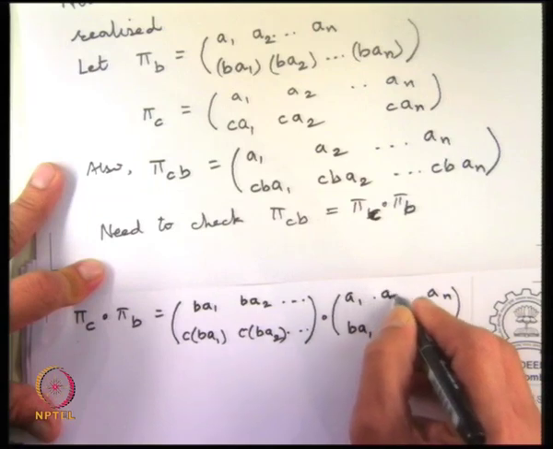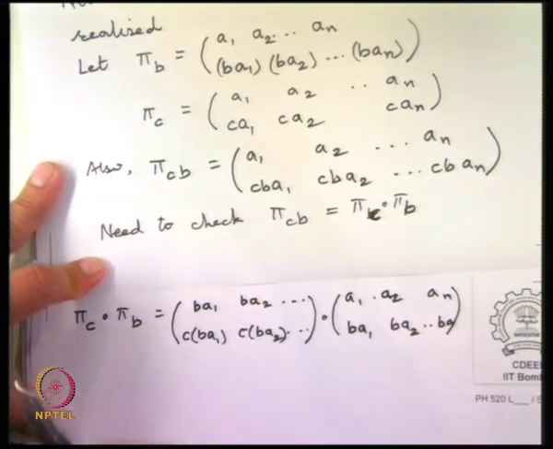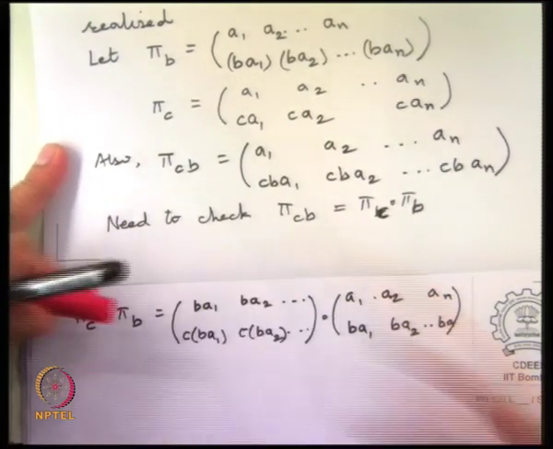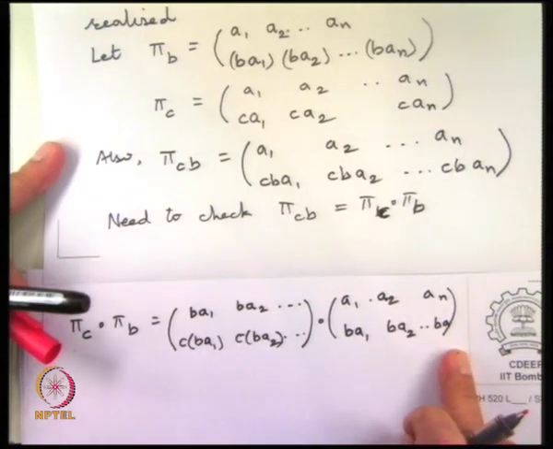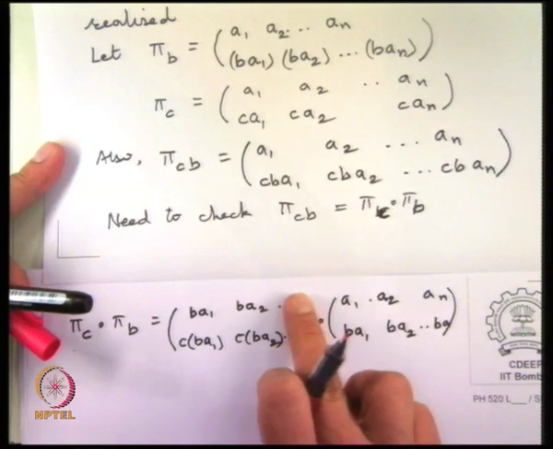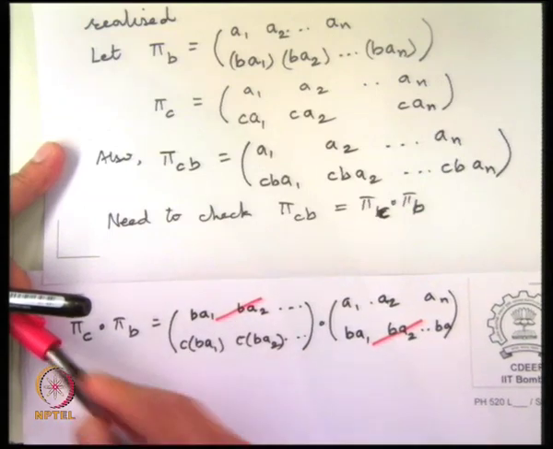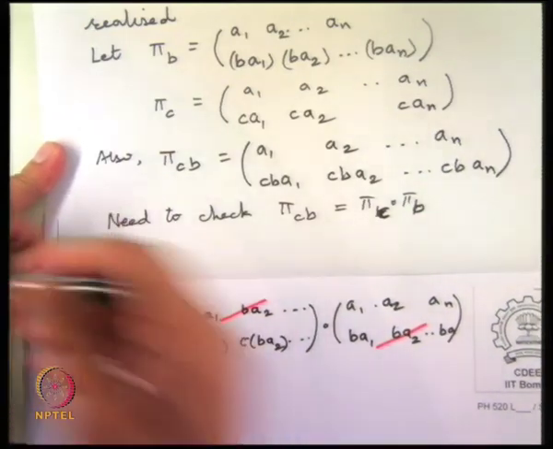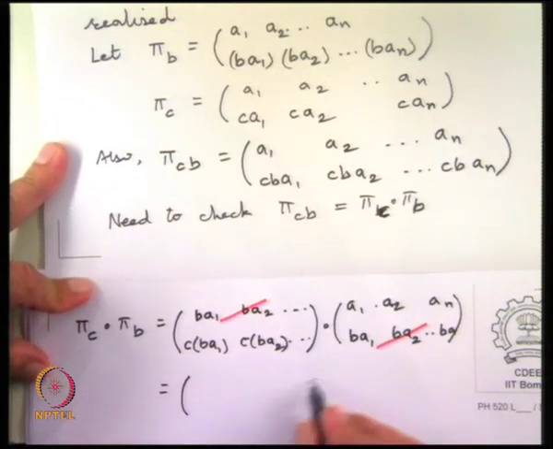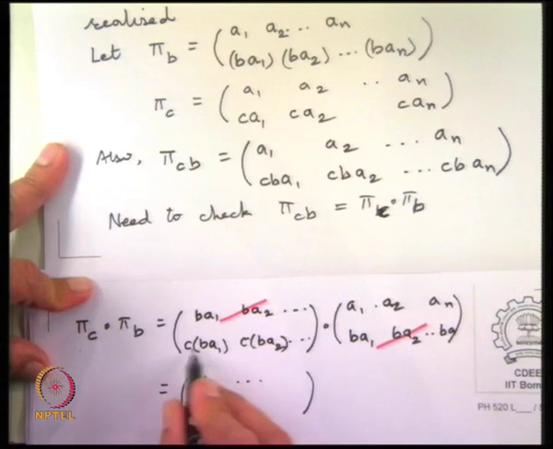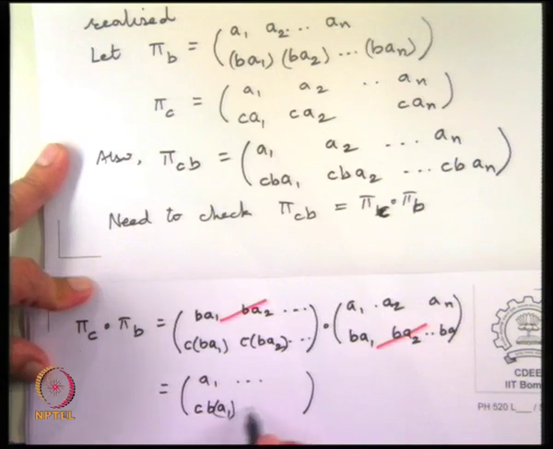Now remember the rule we had made that if you can rearrange things like this, where the bottom row of right element is same as top row of the left element, we can quote cancel these two like we would like to do in high school, and so it reproduces A1 to An times C B A1, and now because of associativity, C on B A1 is same as CB on A1, etc. Right.